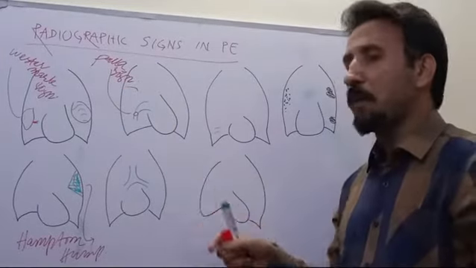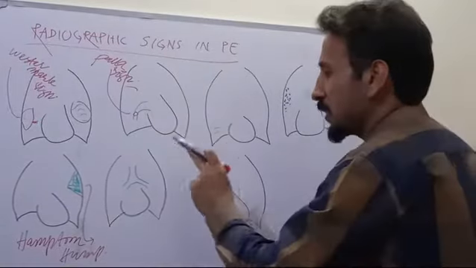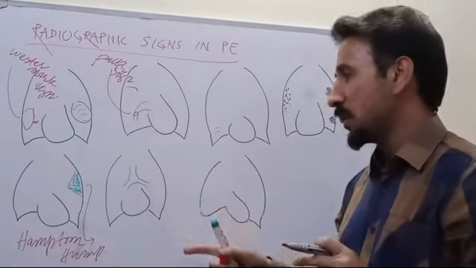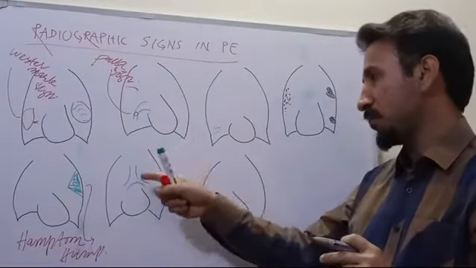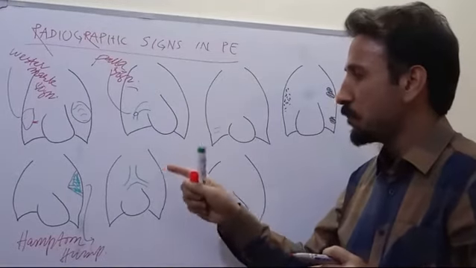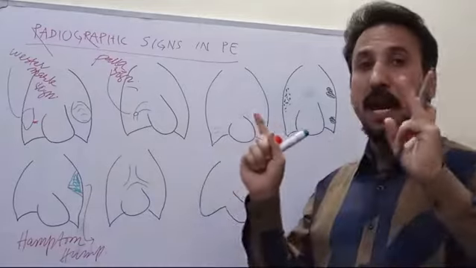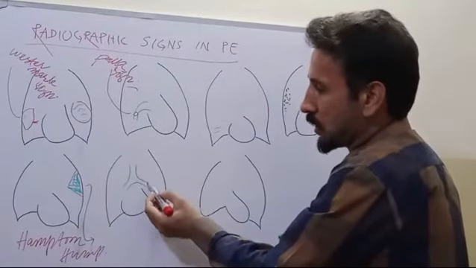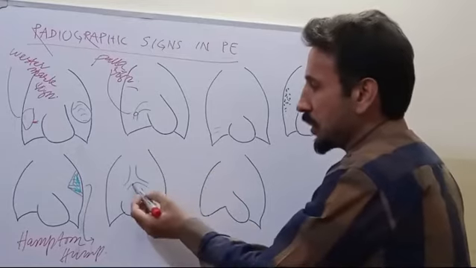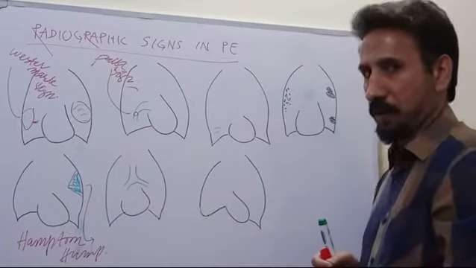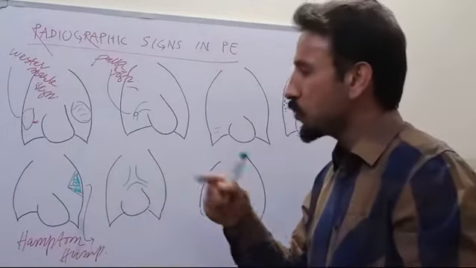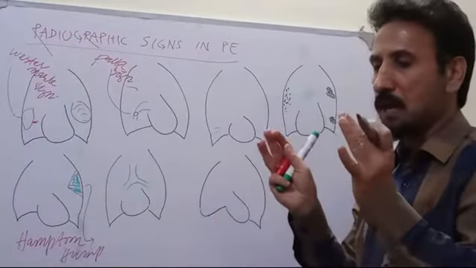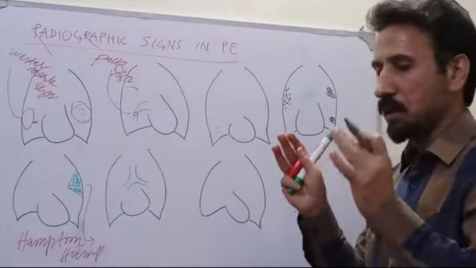The fourth abnormality which can be appreciable, but is very difficult to determine, is the Fleischner sign. The Fleischner sign states that the main pulmonary artery is dilated. This is the pulmonary trunk, this is the left main pulmonary artery, this is the right pulmonary artery. It's very difficult to appreciate because this lies in the mediastinum, which is already opaque.